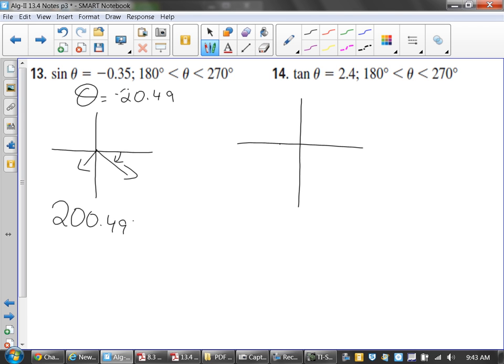What's theta that gives you a tangent of 2.4? 67.4? Now again, once you go to the third quadrant, what do you do? Just add 180 to it. So what is that?